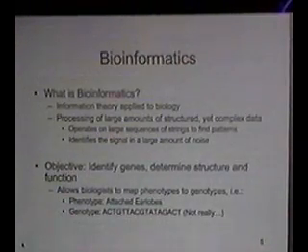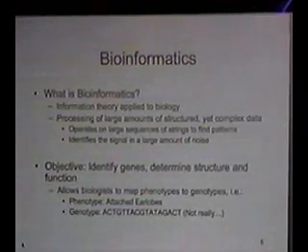If you want to put it in simple computational terms, it's just processing large amounts of structured but complex data. It's just too much for the human eye to recognize, so you have to put it in a database and run these algorithms on it if you really want to understand the structure.